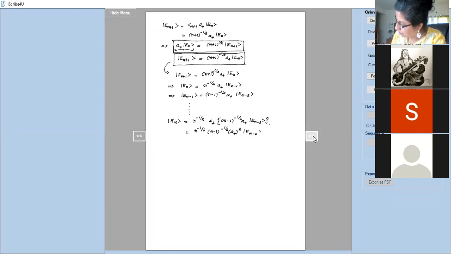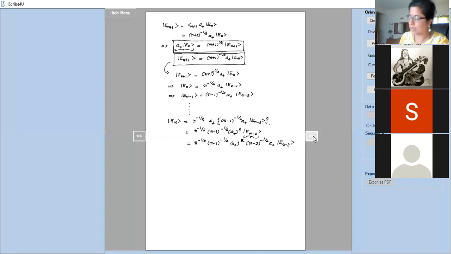Now what is this En minus 2? Using the same logic, we can write it as n power minus half into n minus 1 power minus half, A plus whole square, into n minus 2 power minus half, A plus En minus 3.